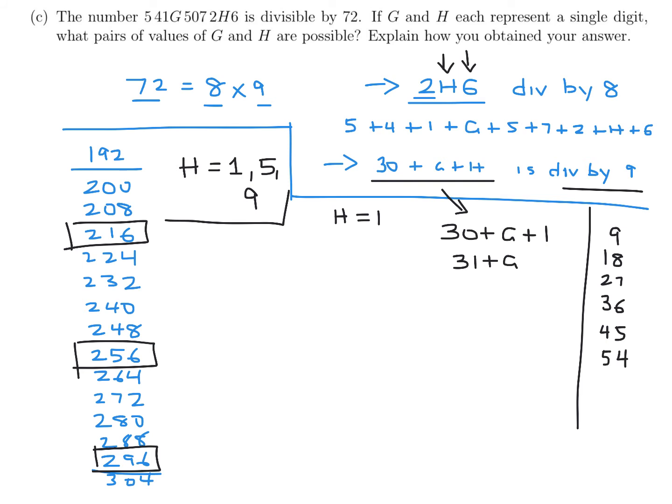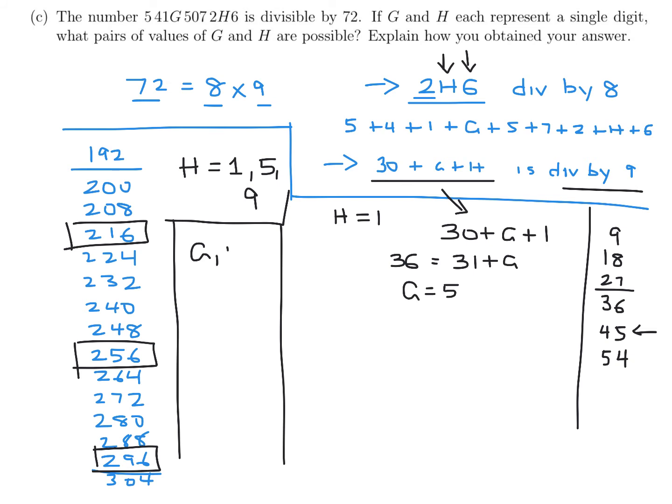I don't think we need to go any higher. 31 plus G. Well, if 31 plus G is equal to 36, then that would mean G is equal to 5. If 31 plus G is equal to 45, G would be 14, and that's not possible because G represents a single digit. So there we go. We just got our first one. Our first combination of G and H is 5 and 1.